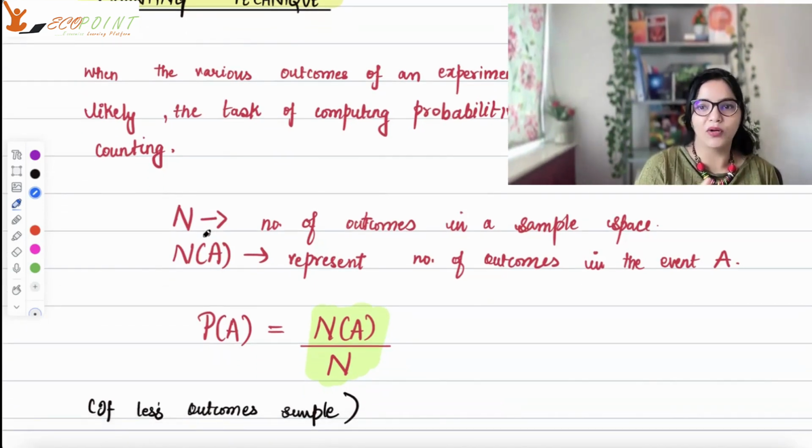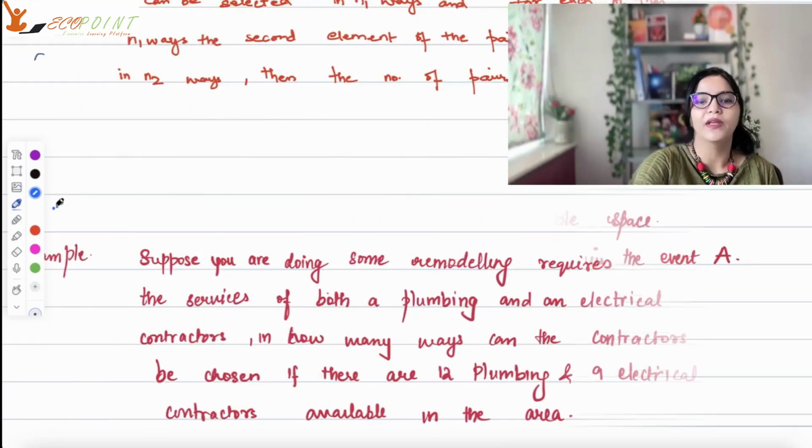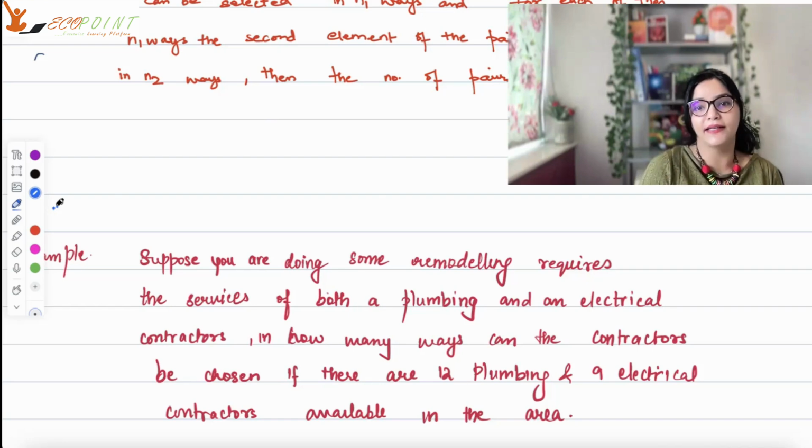Okay, so that's why I'm not saying favorable outcomes upon total outcomes. I'm saying number of outcomes in A, because it's an equally likely scenario, upon capital N. Capital N represents the total number of outcomes. Okay, so we realized how important counting techniques are.